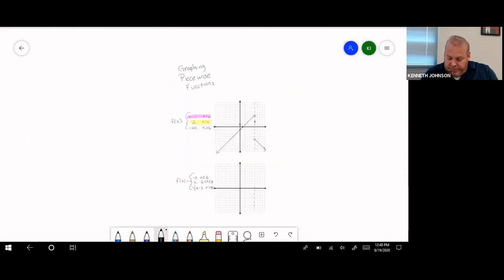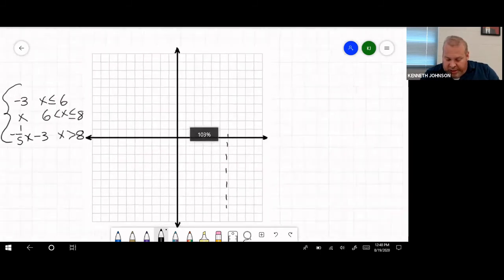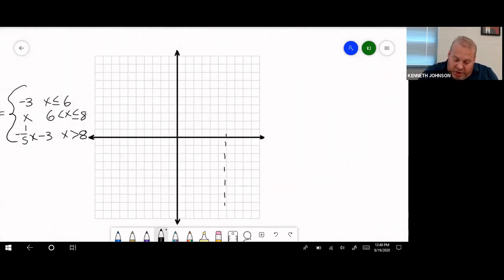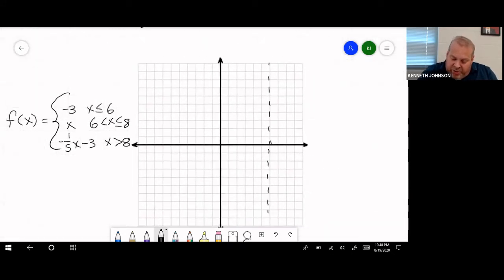I'm going to zoom way out because why not? So I'm going to draw my dotted line at 6. And then I'm going to draw another dotted line at 8 because I know things happen at 6 and 8. So it says if x is less than 6, y equals -3.